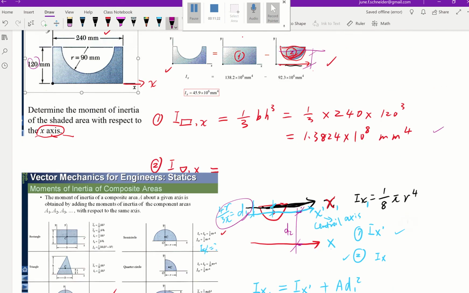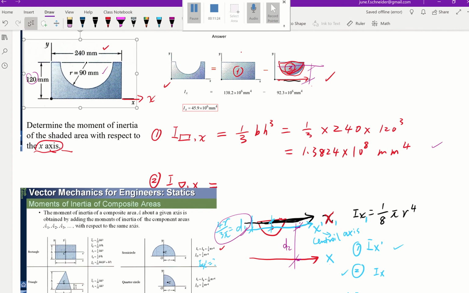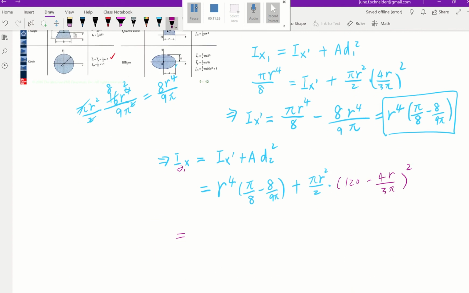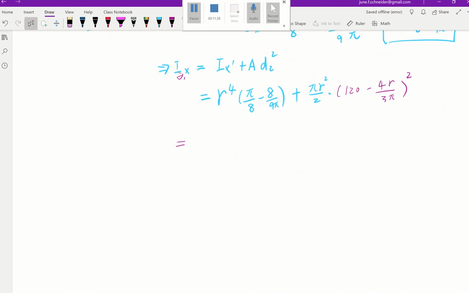Let's take a look at what our r is. r is 90. So 90 to the power of 4 times π over 8 minus 8 over 9π, then plus π times 90 squared over 2, times 120 minus 4 times 90 over 3π, squared. All right, so let's see what we got.